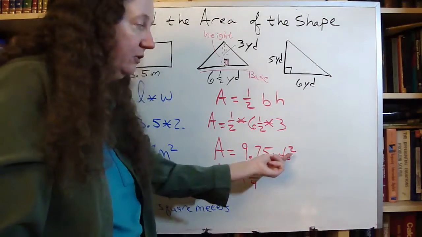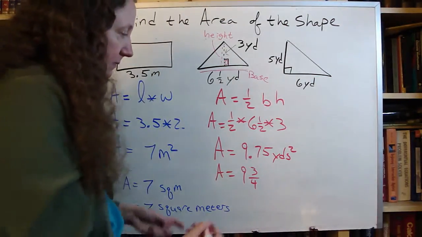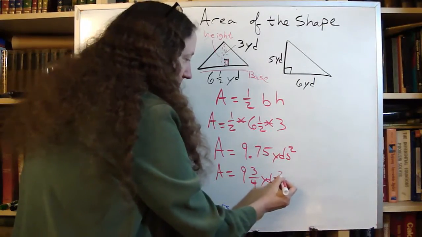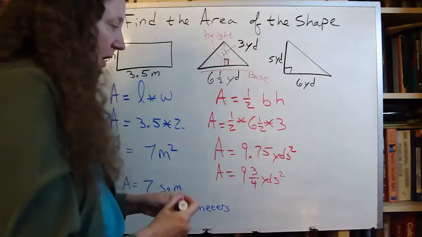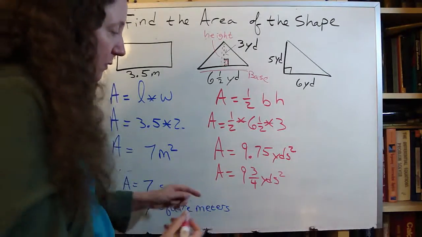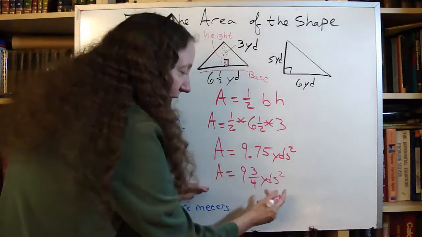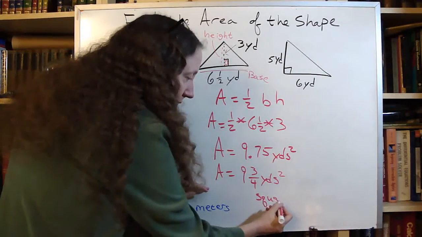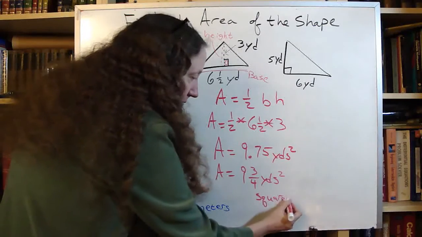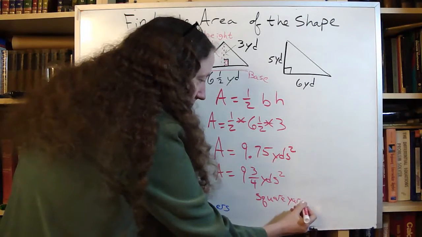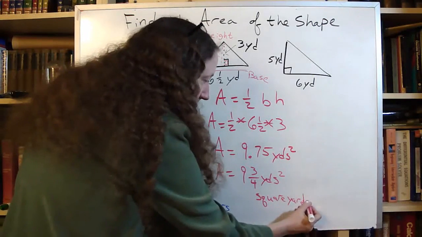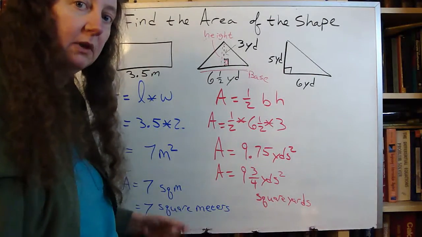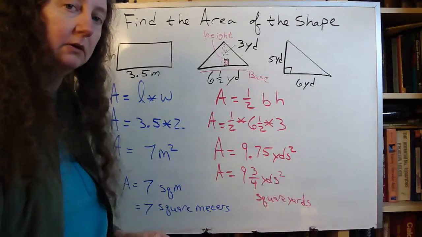That's giving me yards squared. And I could write it out like that, or I could write my units out the long way. And those are both the same. They mean the same thing. They're both okay.